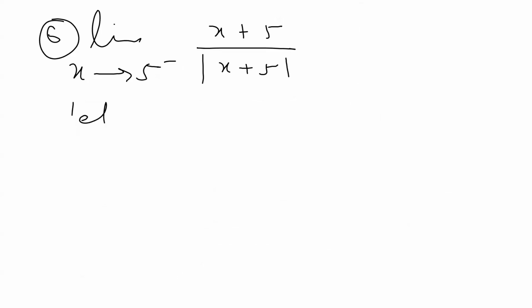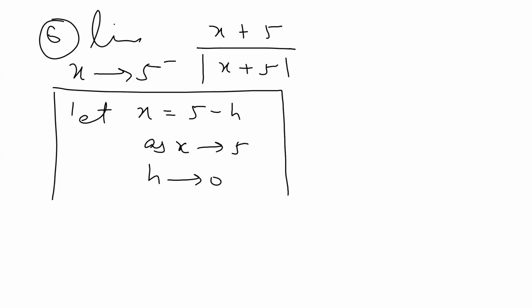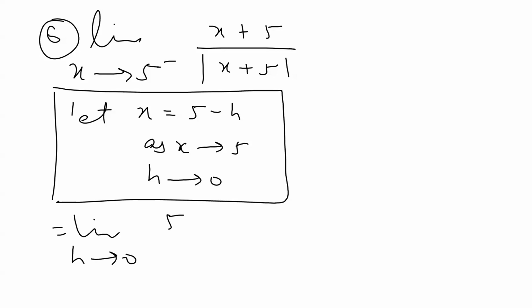Question number 6. X approaches 5 minus, x plus 5, modulus of x plus 5. Now this time it is LHL. So x is equal to 5 minus h. As x approaches 5, h will approach 0. So limit h approaches 0, 5 minus h plus 5 upon modulus of 5 minus h plus 5.